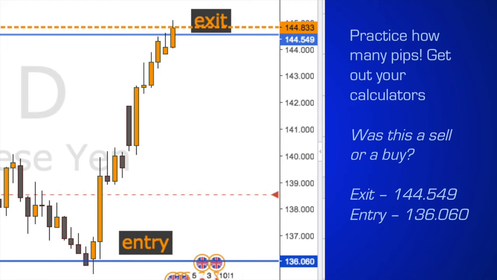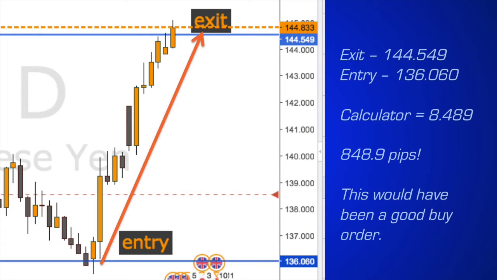Let's practice one more time. Let's say you got in at 1.00924 and you exited at 0.99024. All right, make sure you type this into your calculator. And was this a good buy order or a good sell order? All right, so hopefully you've done the math.